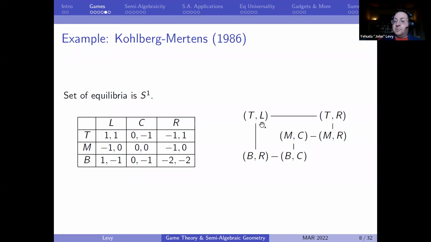I have a typo here. This should be bottom left. My apologies about that. So if player 2 is playing left, any mixture between bottom and top together with left will make an equilibrium of the game, and similarly any of the 6 pure or any mixture between adjacent ones. So topologically, we have a set of equilibria being a circle here.